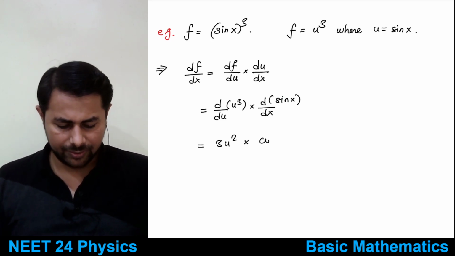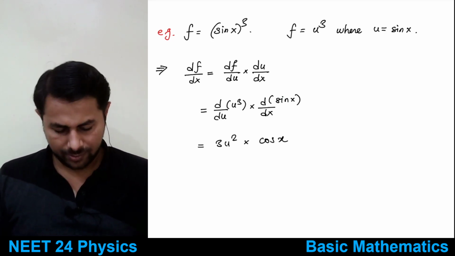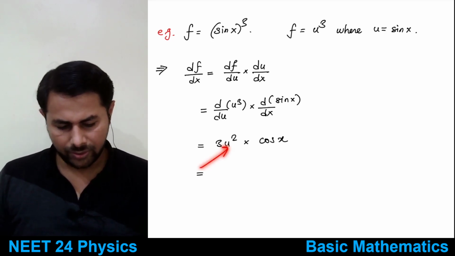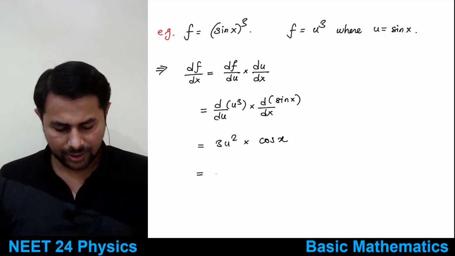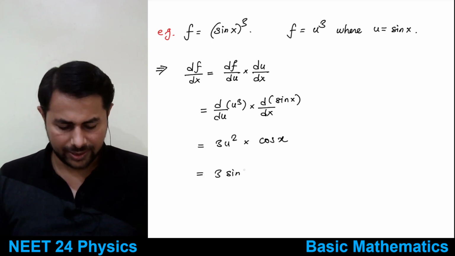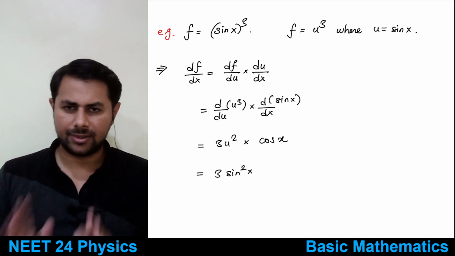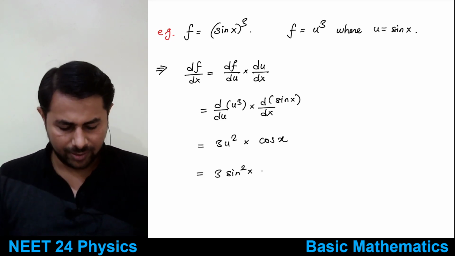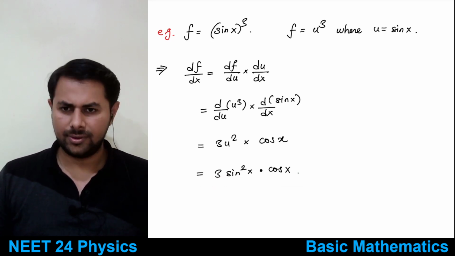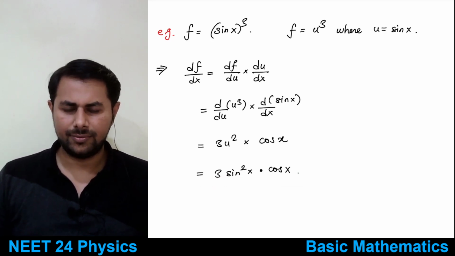What is its derivative? It's cos of x. Then you have 3u square. Again you substitute u is sine x, so it is 3 sine x square. Or you can write it as sine square x multiplied by cos x. So this is the answer. Okay, this is clear? Yes, no?